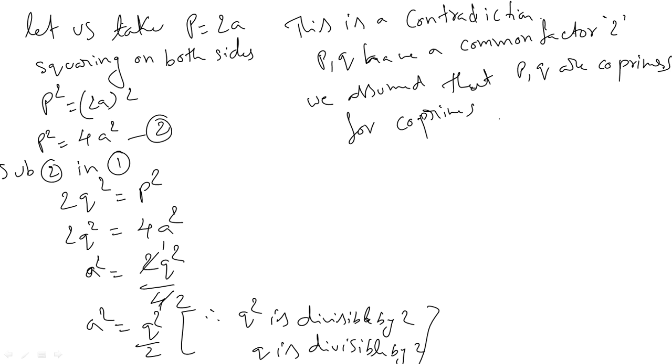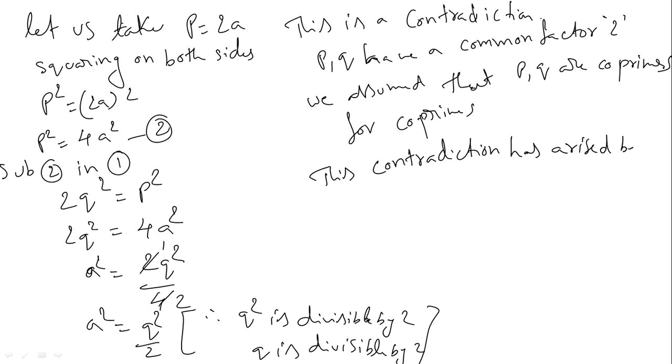This contradiction has arisen because we assumed that root 2 is a rational number.